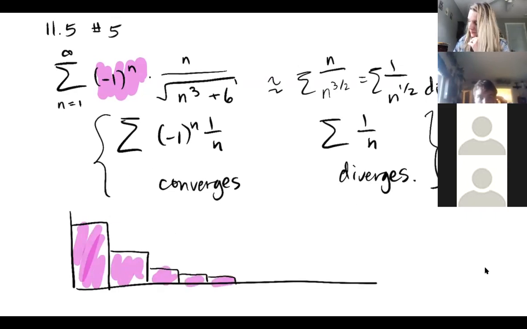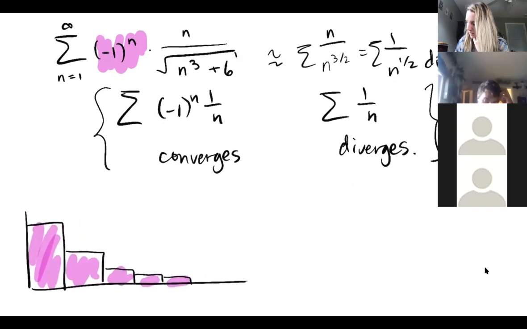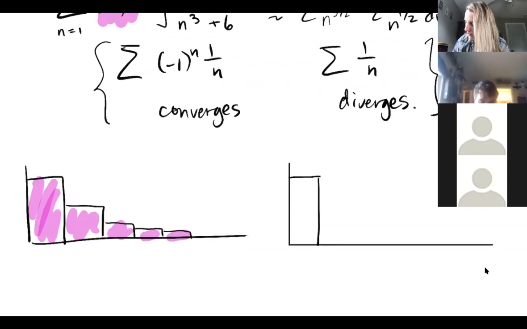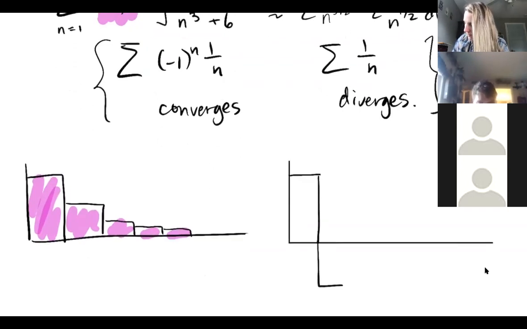But if we look at the alternating version, we start up here with our A1, but A2 is down here.